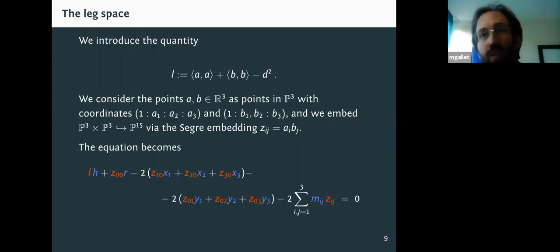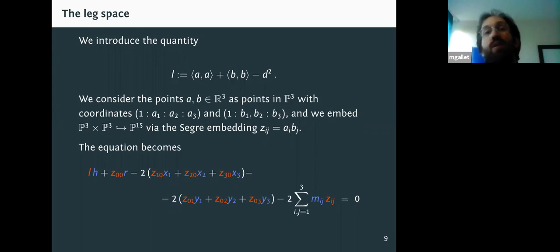So once we make this substitution and we rewrite the condition that we had before, we obtain a condition which is now bilinear in both the variables determining the configurations, so namely the variables h, r, x, y, and mij, and in the coordinates determining the legs, which are the coordinates z, zij, and l.